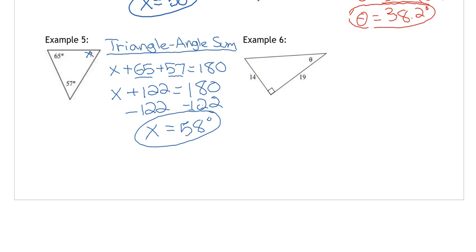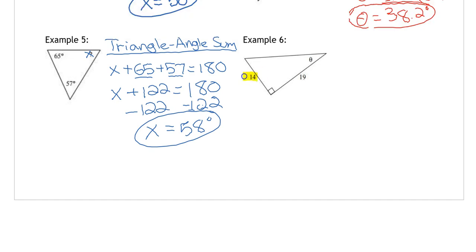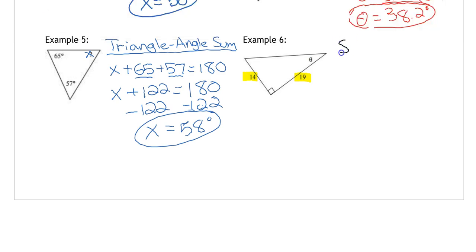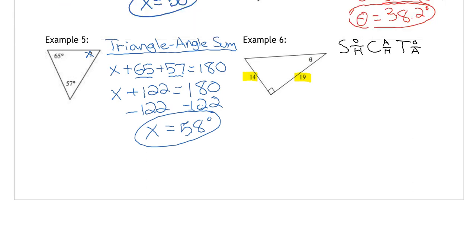All right, last example, example 6. Again, this is one where I have two sides. So since I have those two sides, I'm going to be using SOHCAHTOA. So here's my angle.